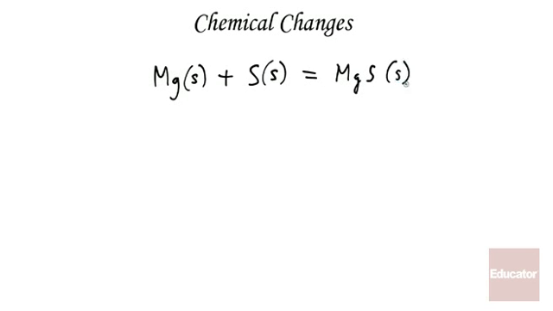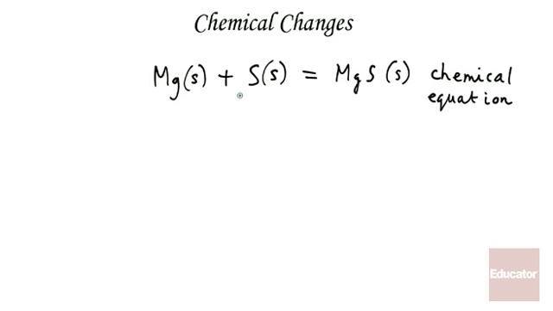Notice that for the first time I've written down what is a chemical equation. A chemical equation expresses the results of a chemical change. And just like an algebraic equation, a balanced chemical equation must have the same terms on the left-hand side as on the right-hand side. 1 plus 1 equals 2, A plus B equals X, Mg plus S equals MgS.